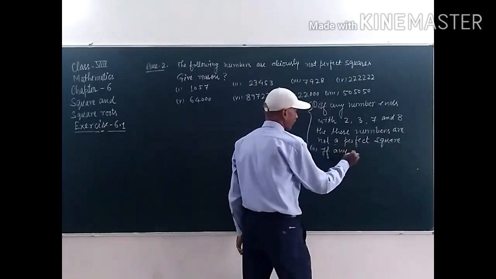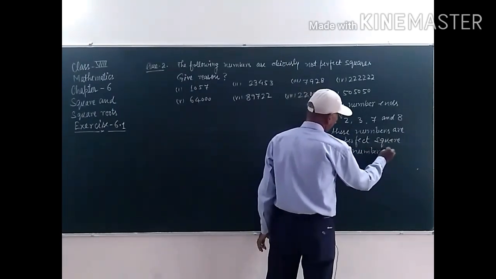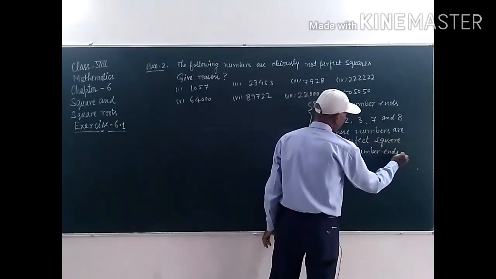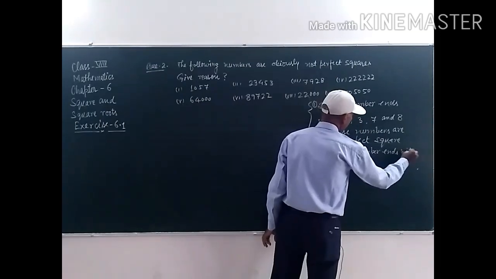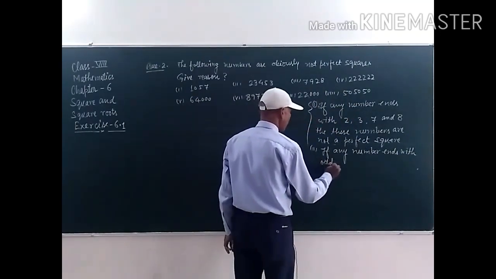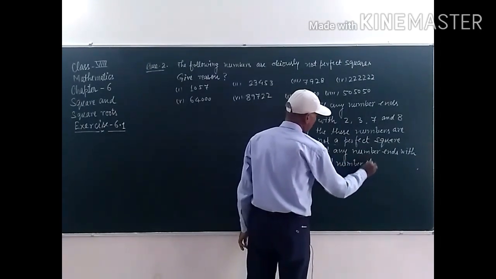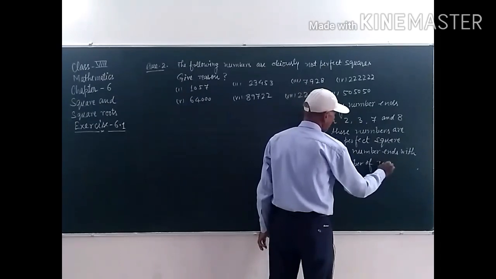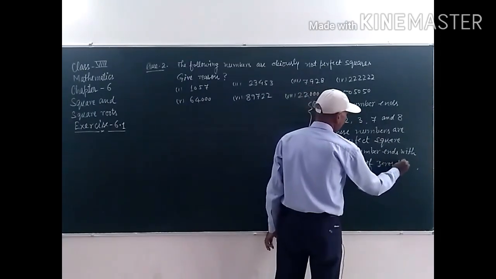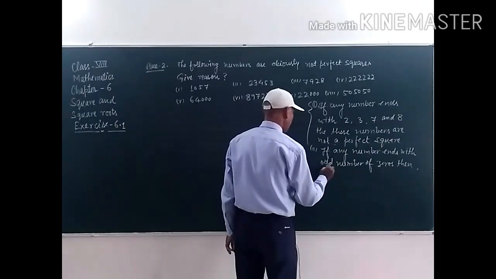If any number ends with odd number of zeros, then it is not a perfect square.